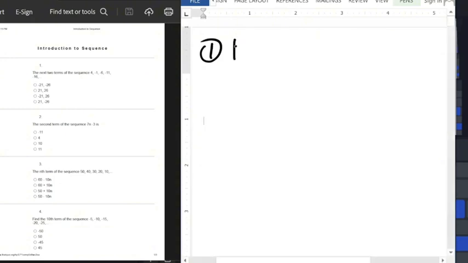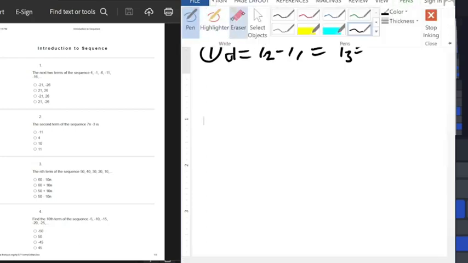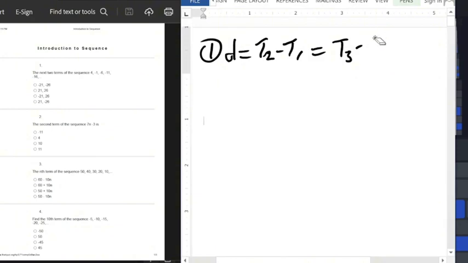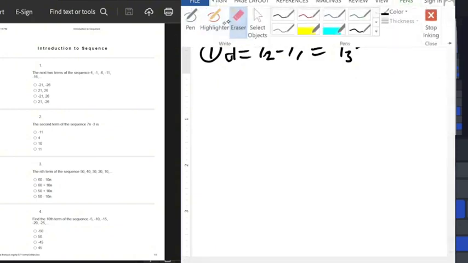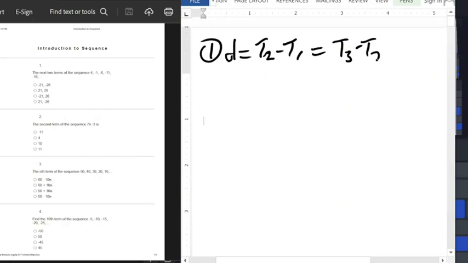That is, the common difference equals t2 minus t1, or t3 minus t2, which is minus 6 minus 1, which equals minus 5.